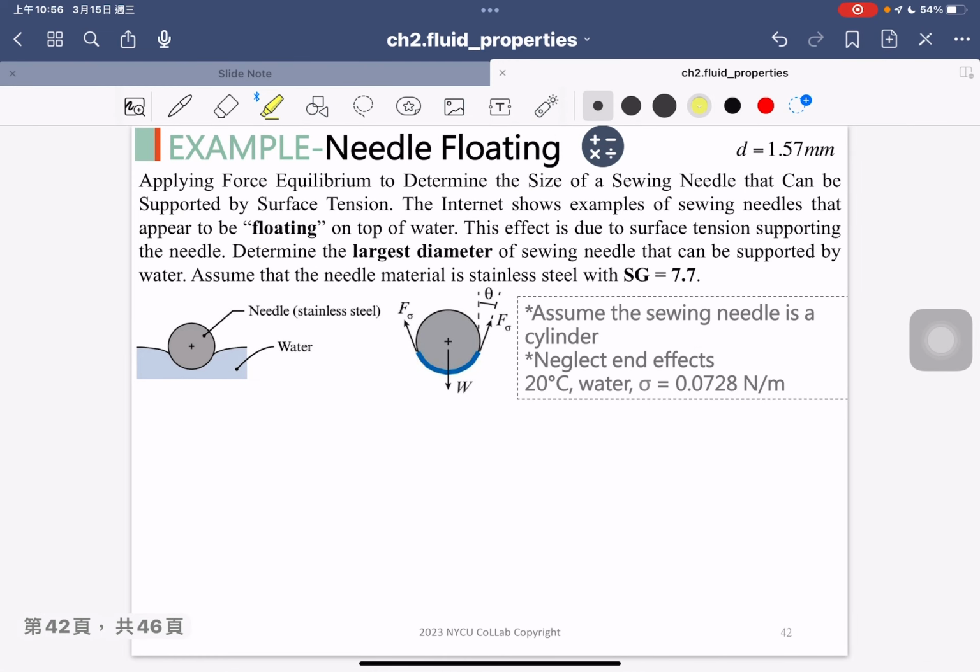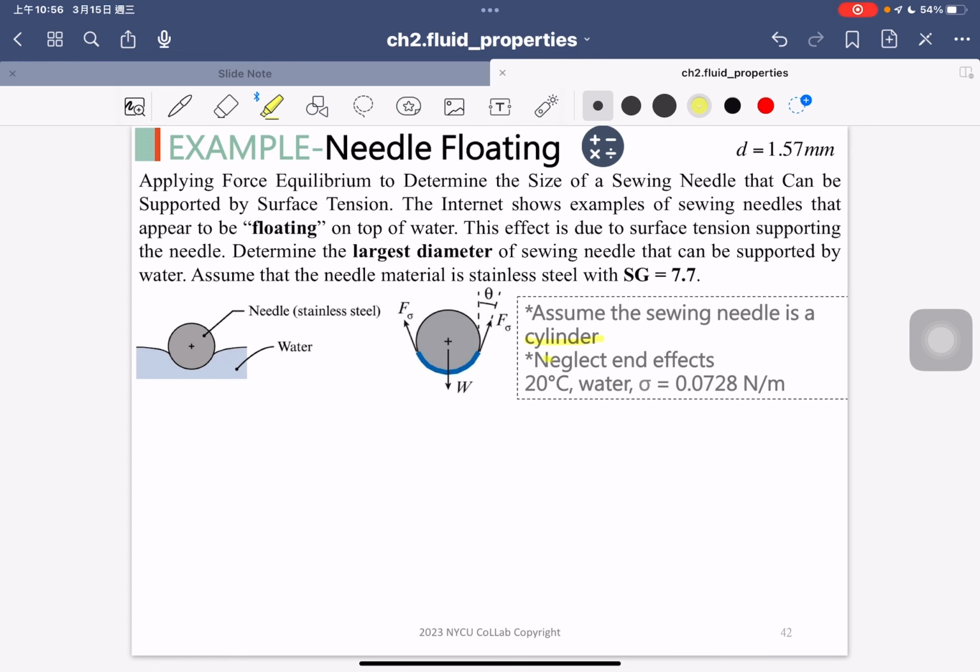So that's our question. Before we do the exercise, we should double check some assumptions. That's shown here. I assume the needle is a cylinder shape. But actually it's not, because there are different shapes at the ends of the needle. One end is a point, smaller, and another is flat.